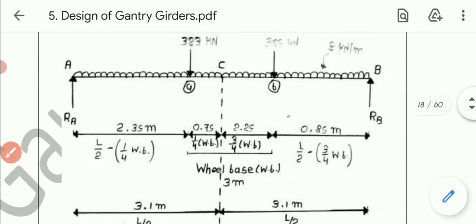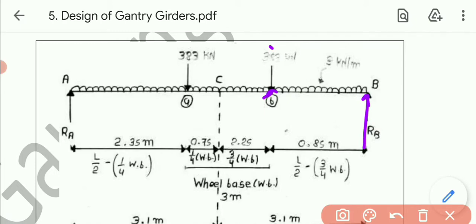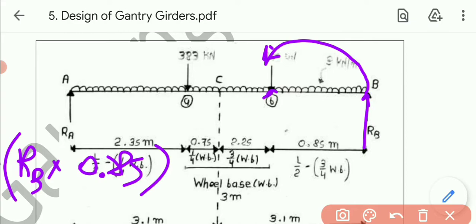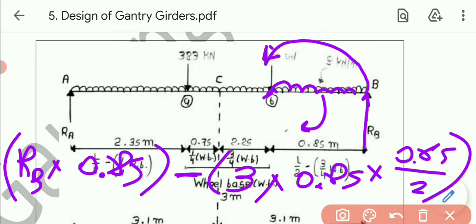Then let's calculate moment at B also. Over here we can calculate from the left hand side also, but I will calculate it from the right hand side using the sign convention rule, anti-clockwise plus, clockwise minus. So RB into 0.85 anti-clockwise moment, that's plus RB into 0.85. Then this UDL's moment will be clockwise, that's minus 3 into 0.85 into 0.85 by 2, or 0.425.